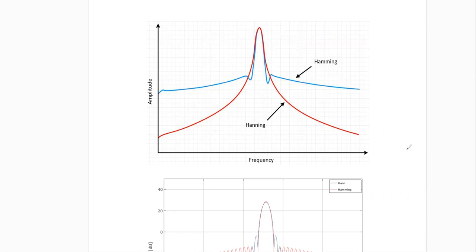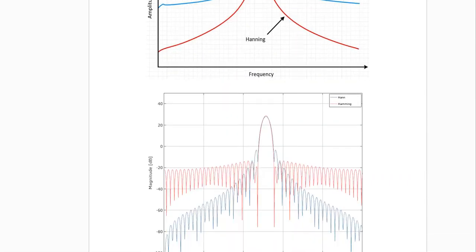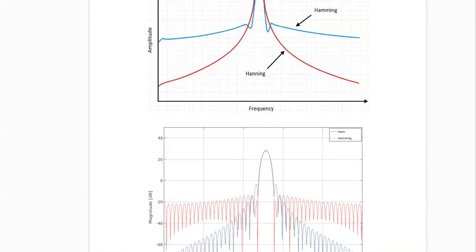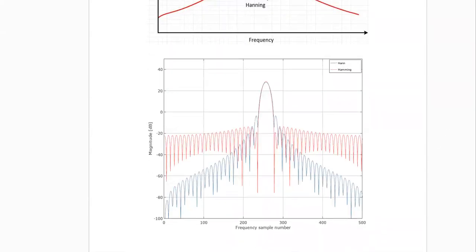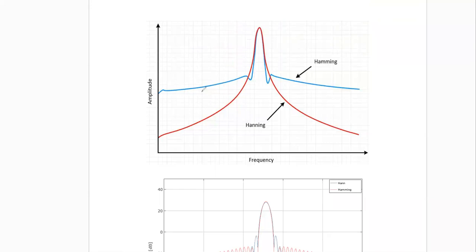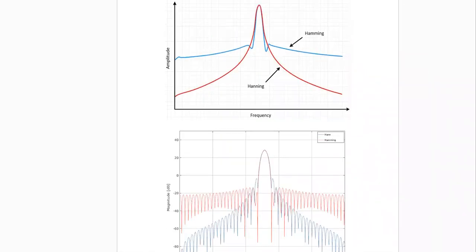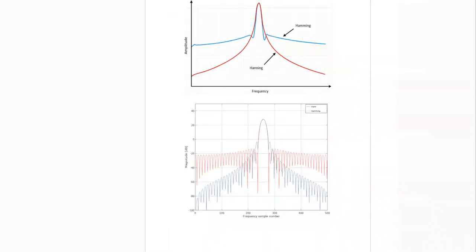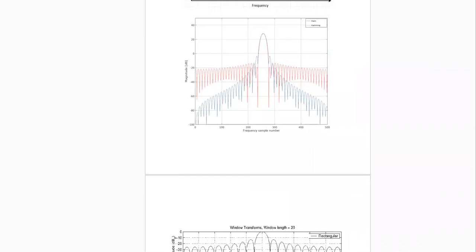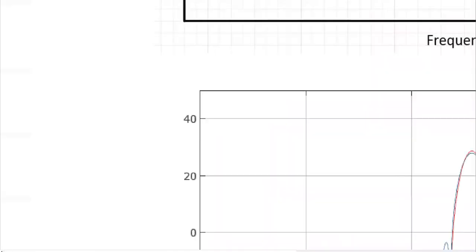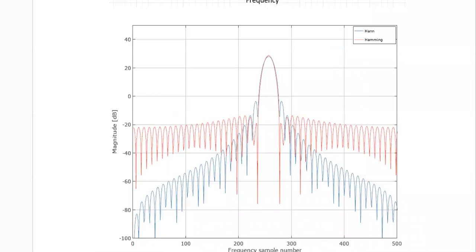In the frequency domain, this is the magnitude response of this kind of window. The blue one is the Hanning and the red one is the Hamming.